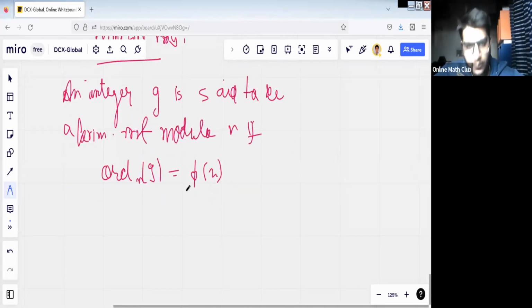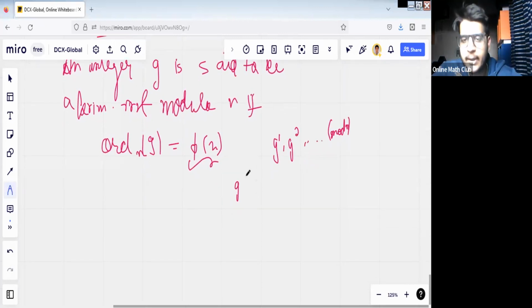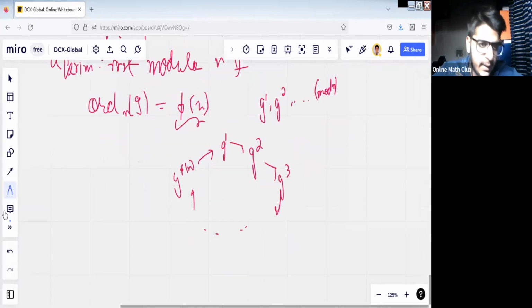The point is there are phi of n numbers co-prime to n and less than n. So when you consider g to the power 1, g to the power 2, and so on, modulo n, since the order is phi of n, it essentially covers everything. So g to the power 1, g to the power 2, g to the power 3, and so on, then g to the power phi of n, then g to the power 1 again.